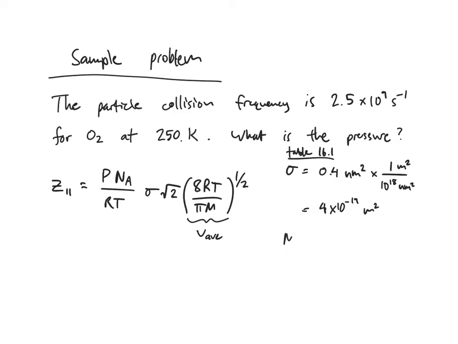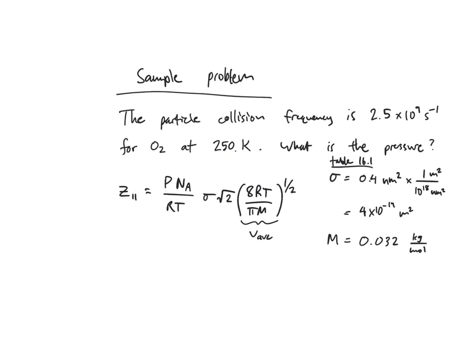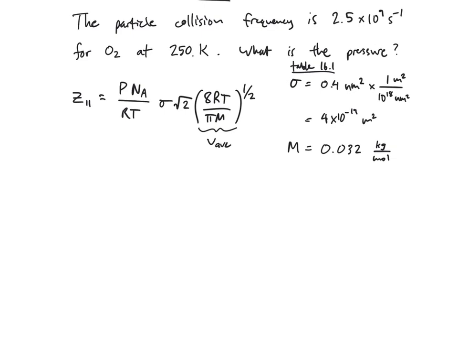Okay? And next we'll also need our molar mass for O2, which from the previous problem we saw equaled 0.032 kilograms per mole. Now at this point we just need to plug all these numbers where they're supposed to go into this equation for the particle collision frequency.